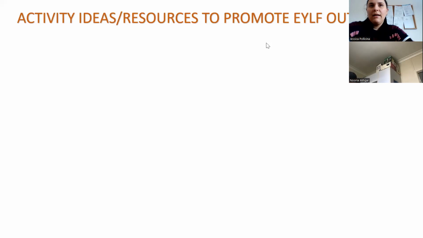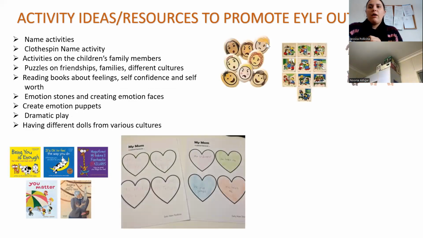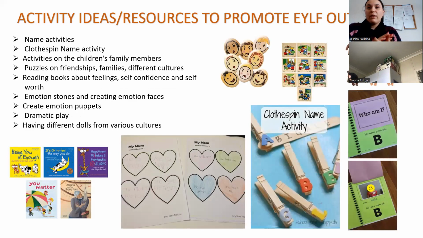Okay, so now what I have done is I've created under each outcome a list of activity ideas and resources that you can use to help promote that outcome. I got a lot of these off Pinterest and off Modern Teaching Aids.